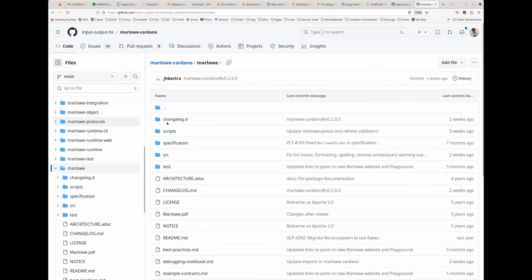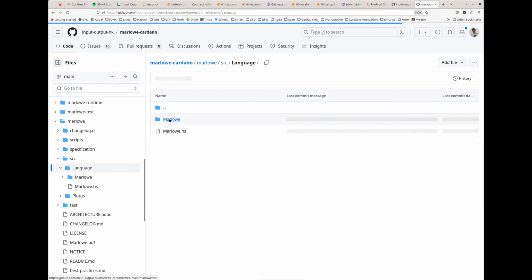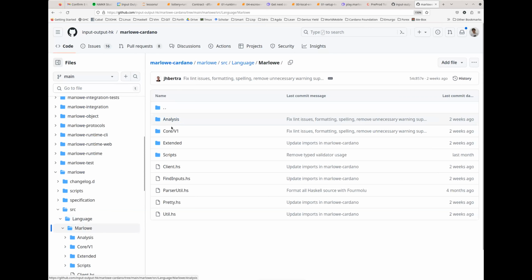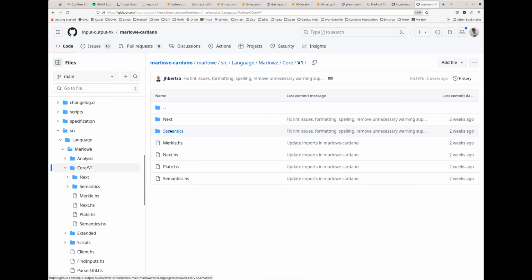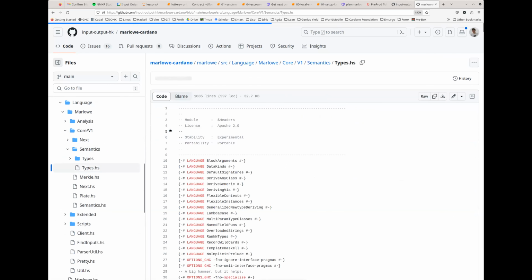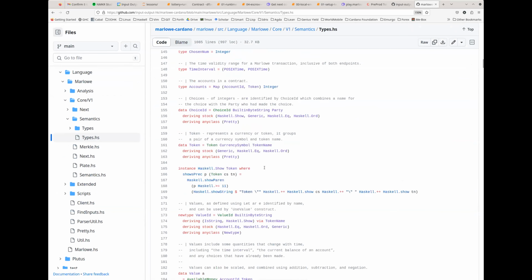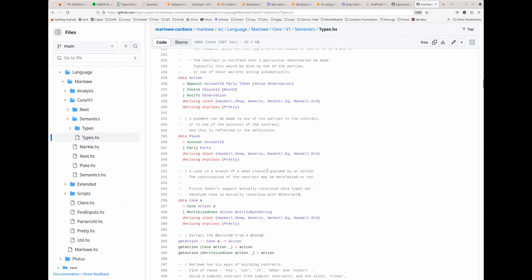Marlowe source, language Marlowe, or semantics types. Okay, party is there somewhere. Payee.